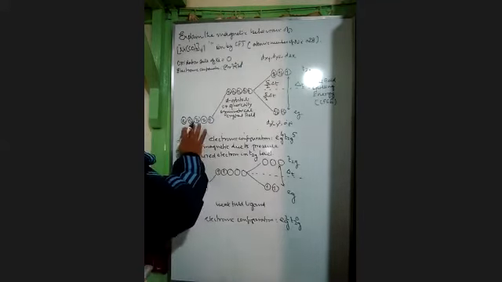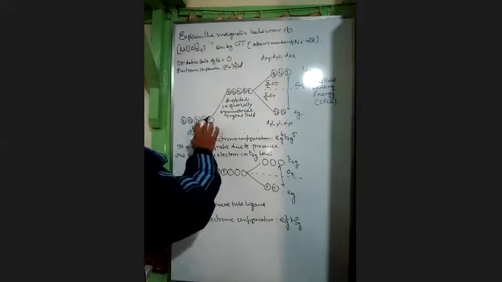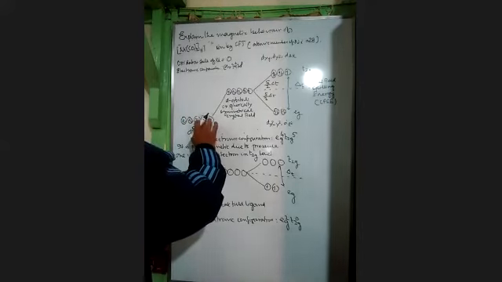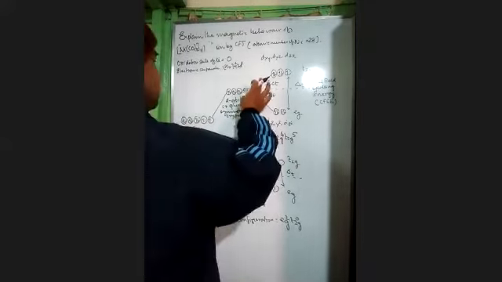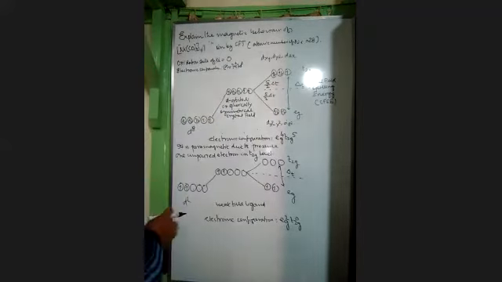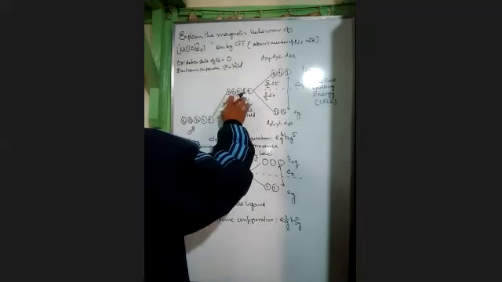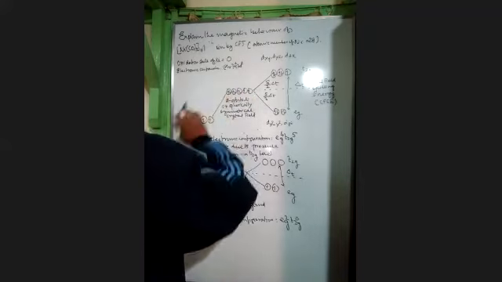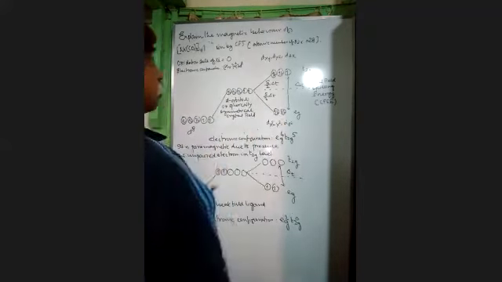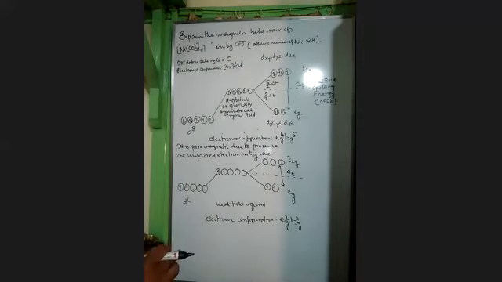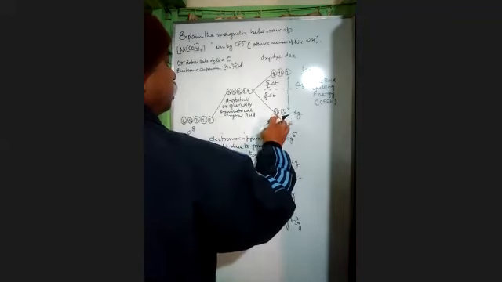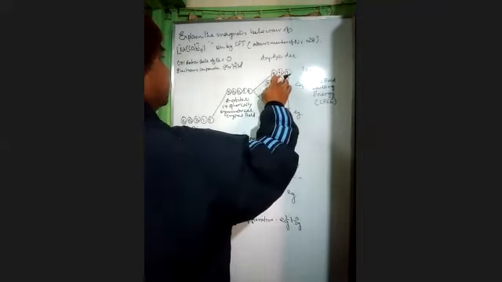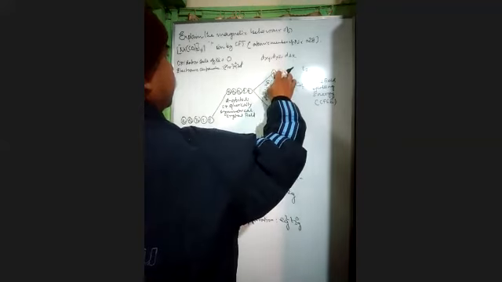So it is d8. 1, 2, 3, 4, 5, 6, 7, 8. So this is this. Carbon monoxide is a strong field ligand. So 1, 2, 3, 4, 5, 6, 7.